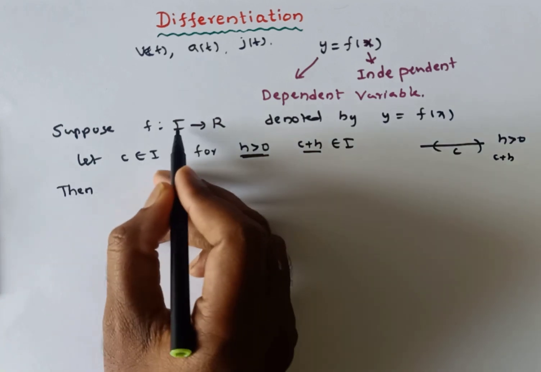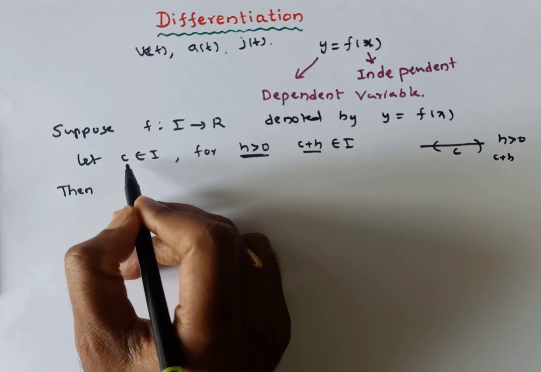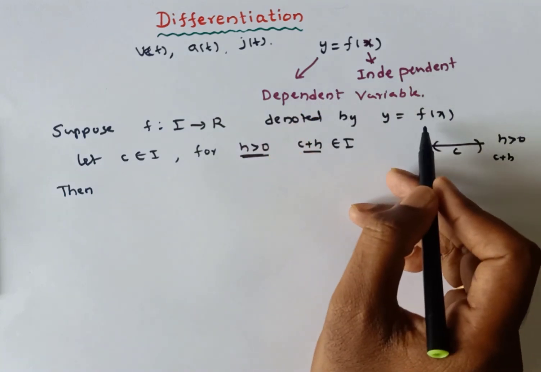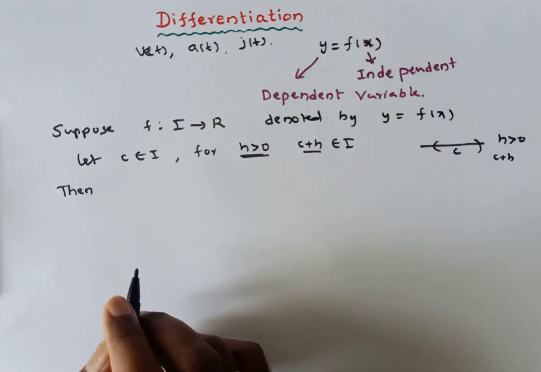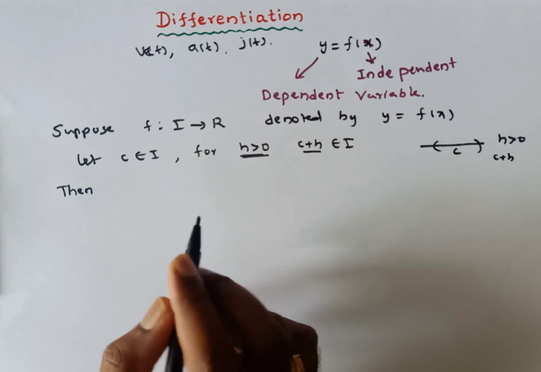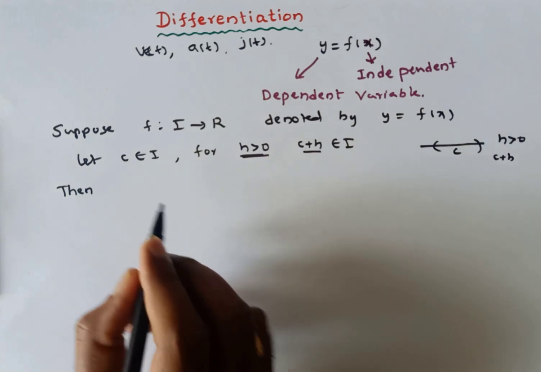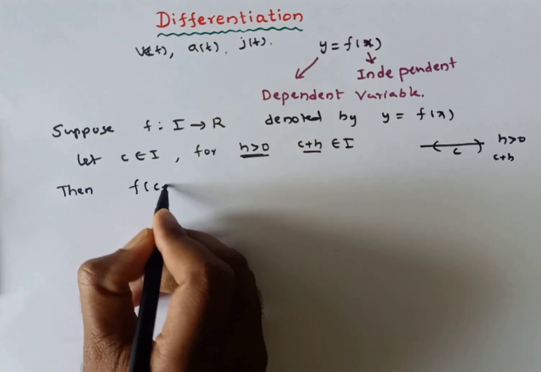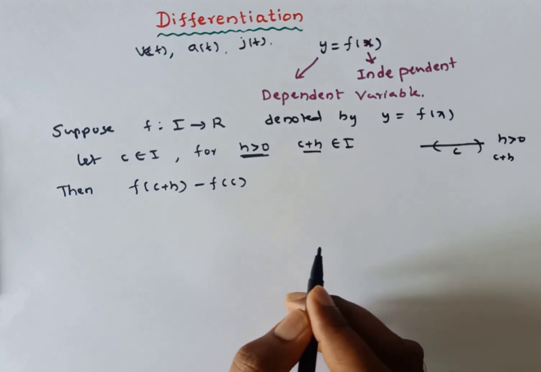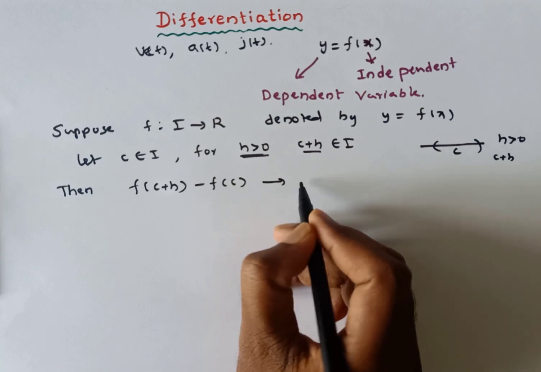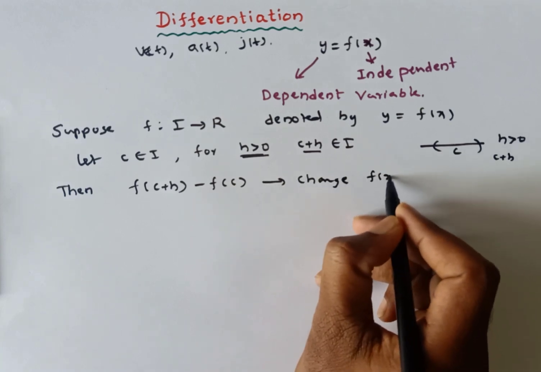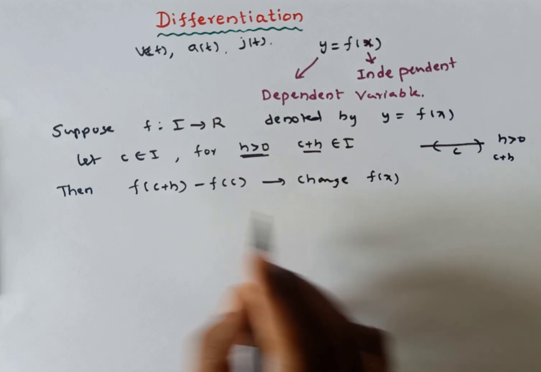Here c belongs to I, right? If we give c as input for the function y equals f of x, then f of c is a function value. And if we give c plus h, then we get y as f of c plus h. Then f of c plus h minus f of c denotes the change in f of x, the difference.